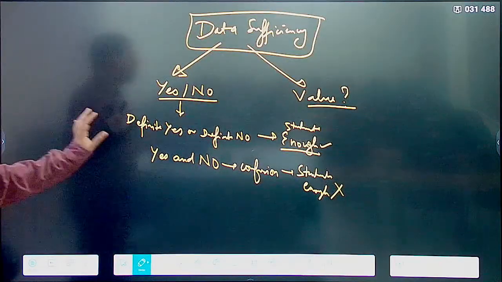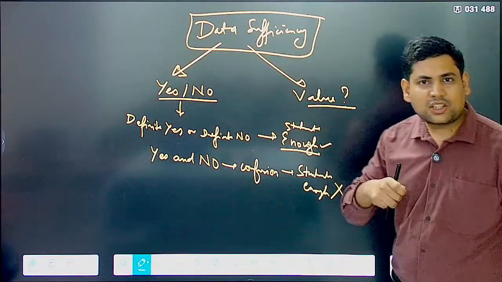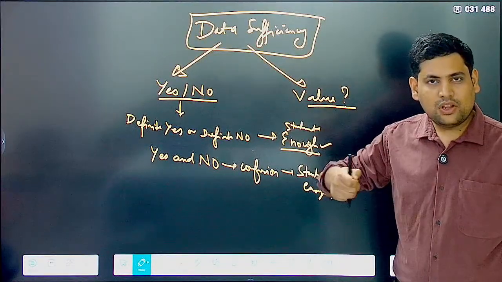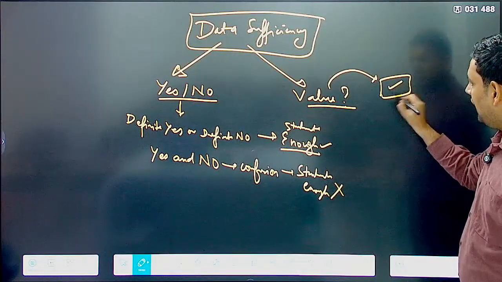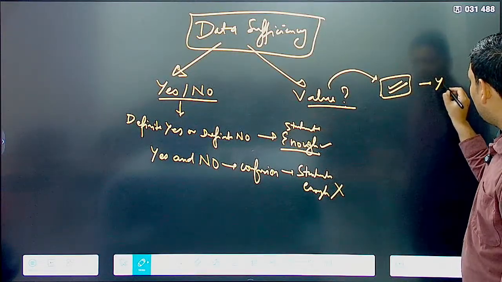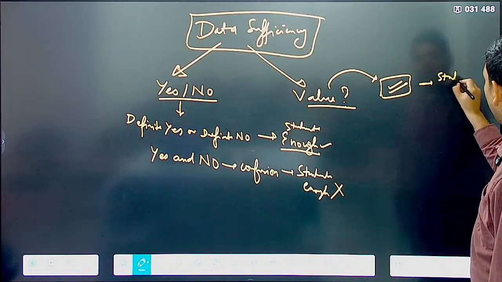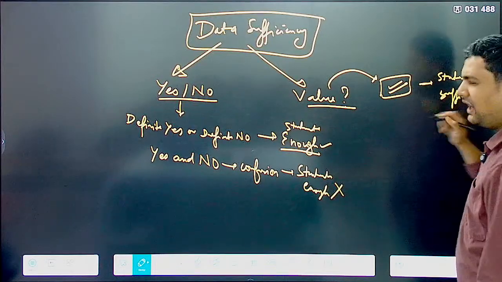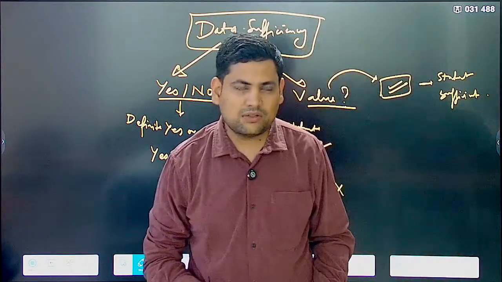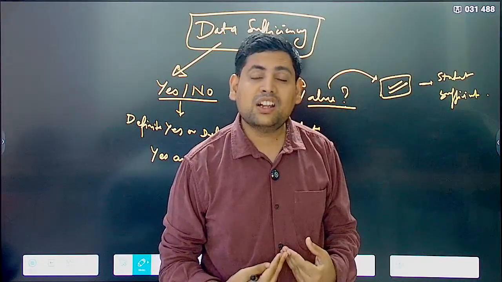Now value based questions are where they are asking you, can you find the value. So there, if you can find the exact value, then only you say that this statement is sufficient. Now most people understand that if they are able to find the value, of course the statements were sufficient. If they were not able to find the value, then the statements are insufficient.